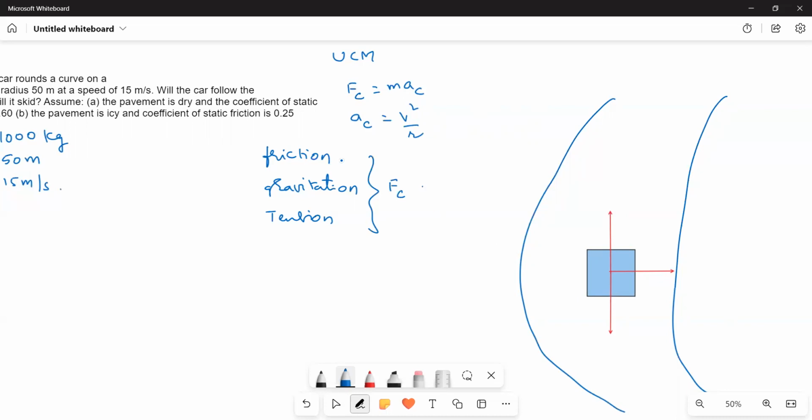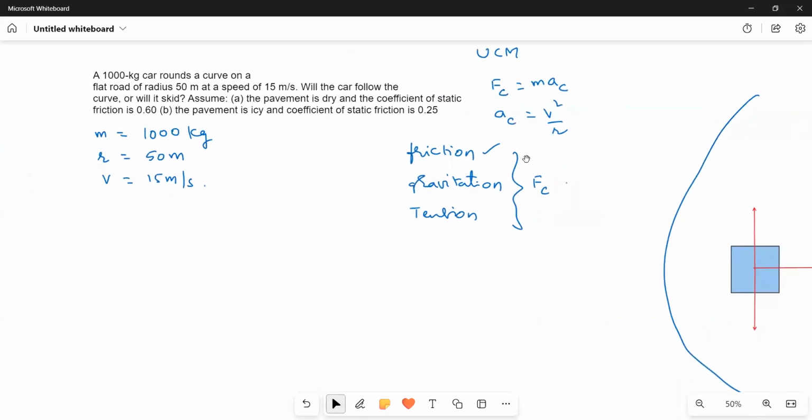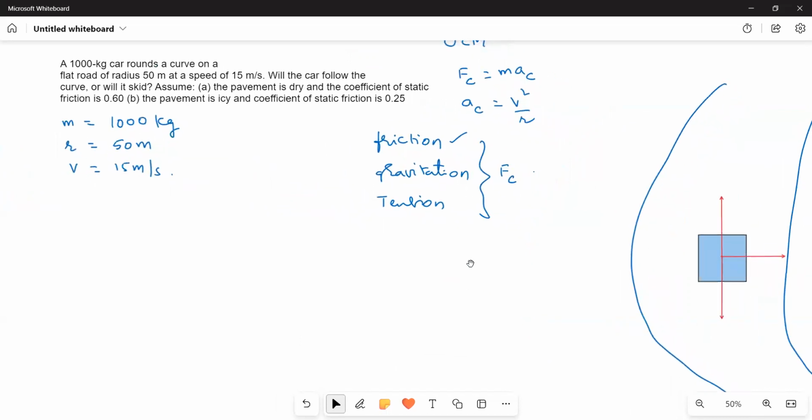In this case, the friction acts as the centripetal force. First, let us calculate how much centripetal force is required for the vehicle to negotiate the curve. Here Fg acts vertically downwards, Fn acts vertically upwards, and here is Fc. Here Fc is the friction.